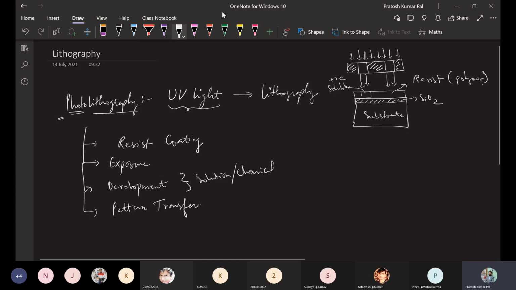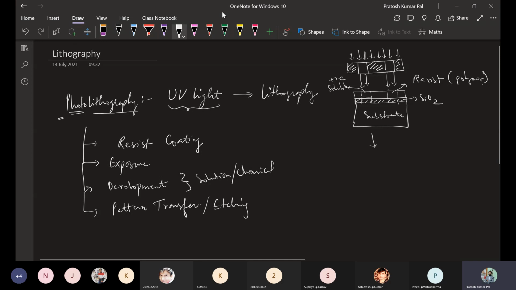In pattern transfer, basically it is done like etching. By etching, the waste material of this resist is removed, and along with the resist, the SiO2 layer is also removed.